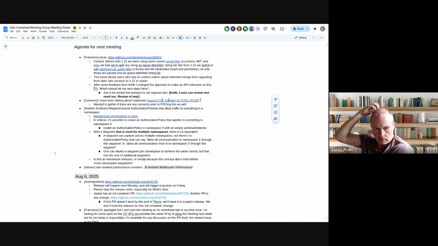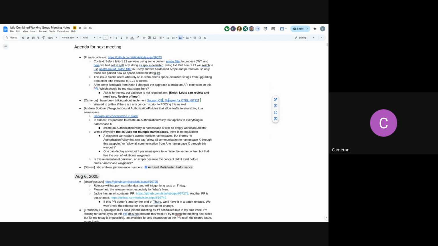Cameron. Yep. Hello. So yeah, I wanted to check if anybody had any initial concerns about supporting the new CEL sampler for OTel and adding that expansion to the Istio proxy to allow us to use CEL sampling when we sample with OTel.